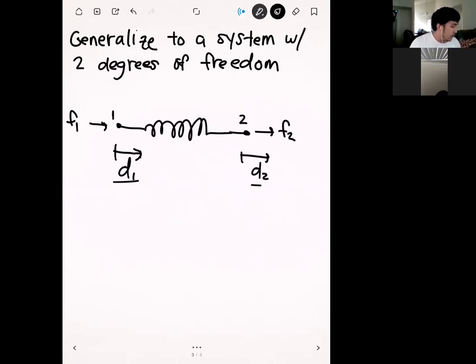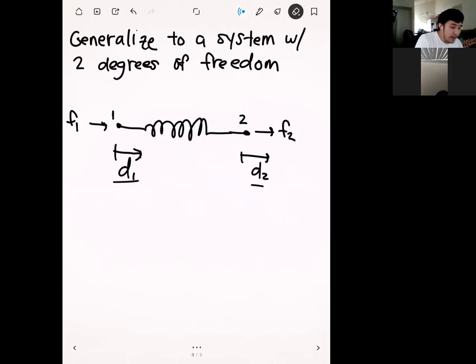And so in these cases where you have more than 1 degree of freedom, you can't just have a scalar expression like F is equal to Kx, right? Because this doesn't take into account all the different forces and all the different displacements that you might find.